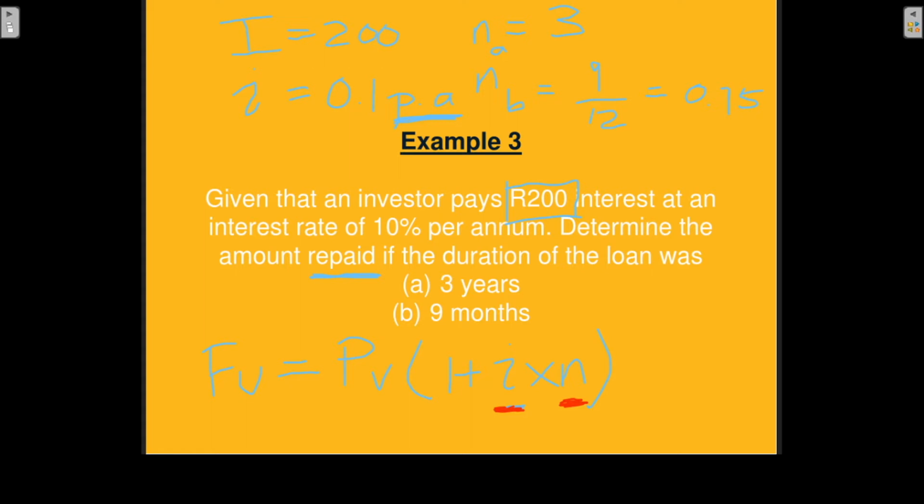We don't have the present value, but we can easily find it because we have the interest. Now you will recall that our interest is equal to the present value times i times n. So if we have the interest and we have the interest rate and we have n, we can find the present value. Okay, so let's work with that.